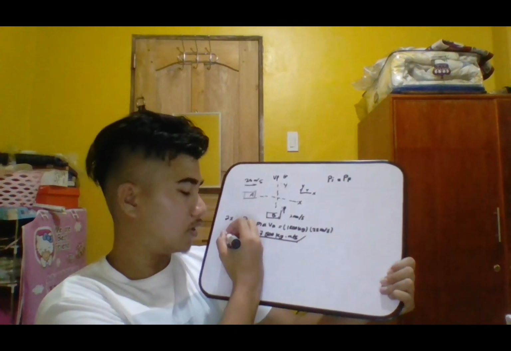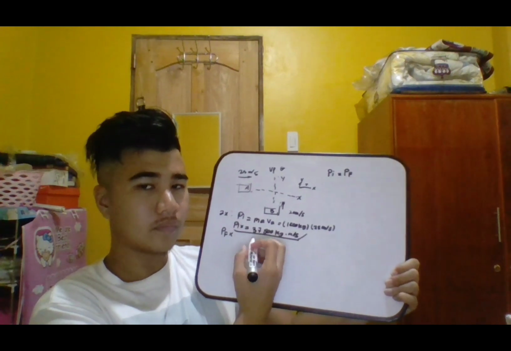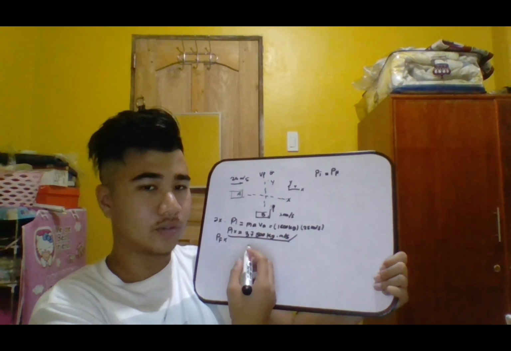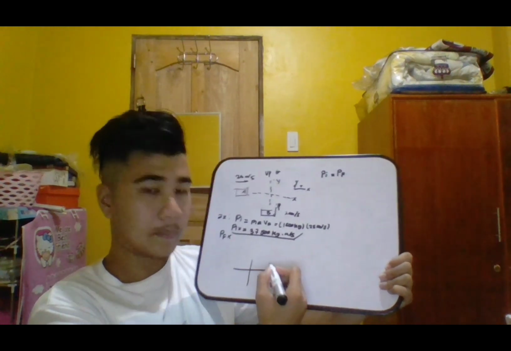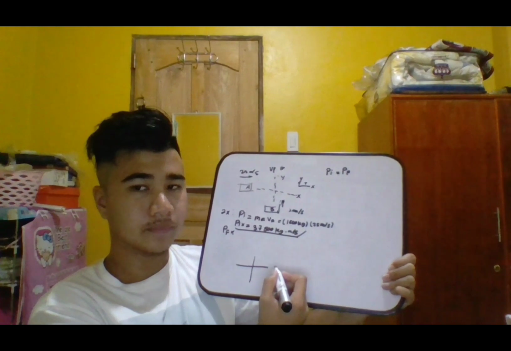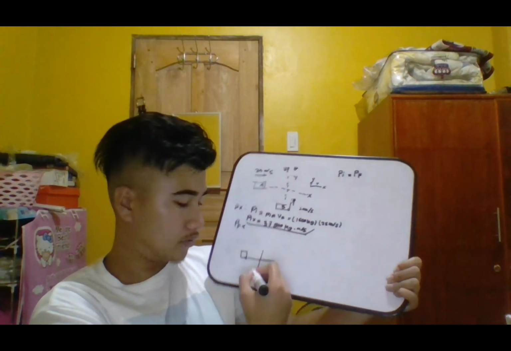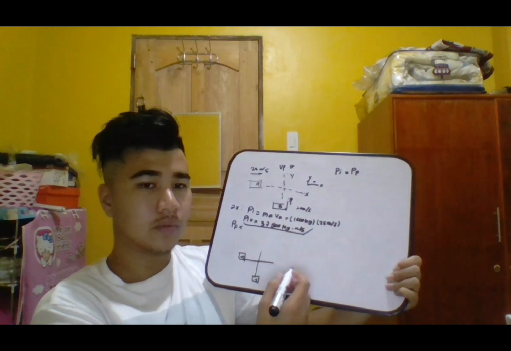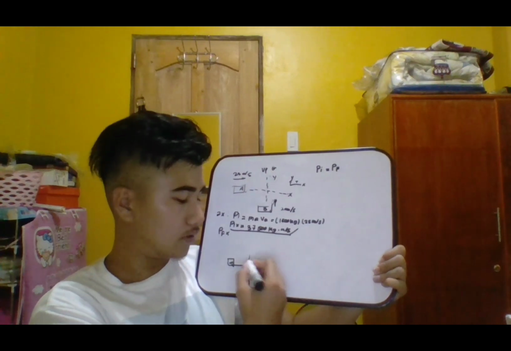Final momentum at x. So, dun sa final say, nag-collide na sila. Ito yung ating coordinate system. Ito si vehicle A, si vehicle B. After the collision, na nagbangga na sila, say, ito na silang dalawa.